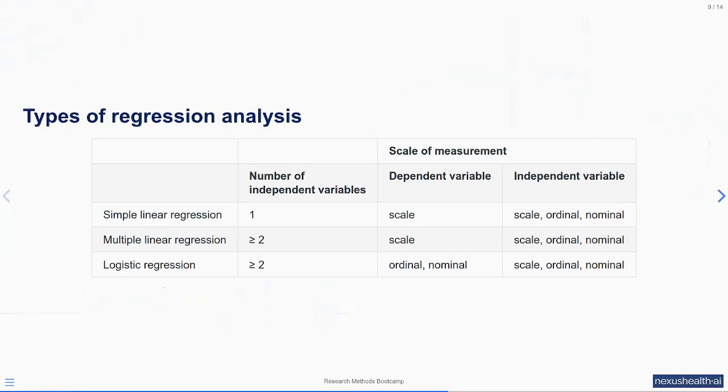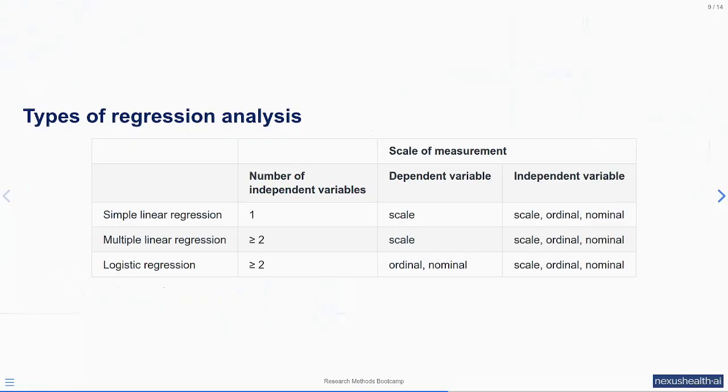And then the dependent variable for simple linear regression has to be a scale variable or a continuous variable, while for multiple linear regression it's also scale or continuous. In logistic regression, however, the outcome is categorical, and it's categorical binary. That is, it has two levels. The independent variable in any of these types of regression can be continuous, ordinal, or nominal.